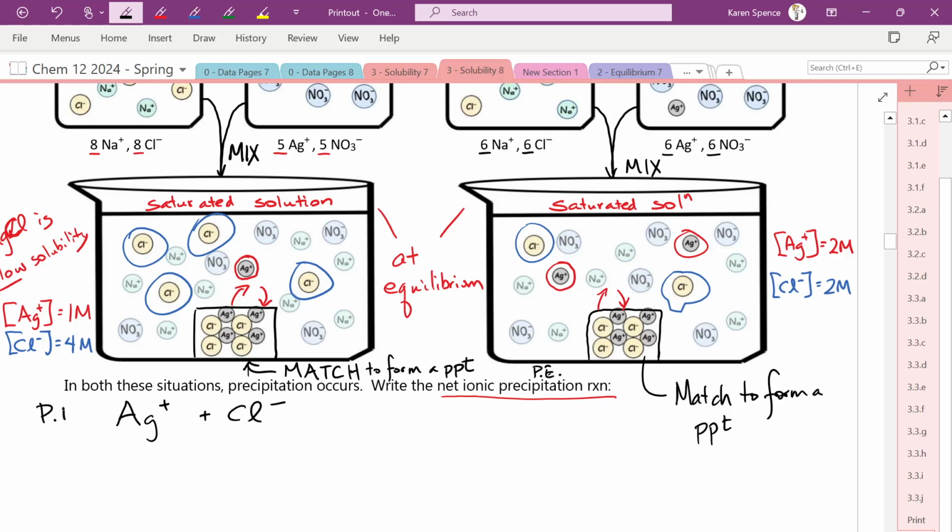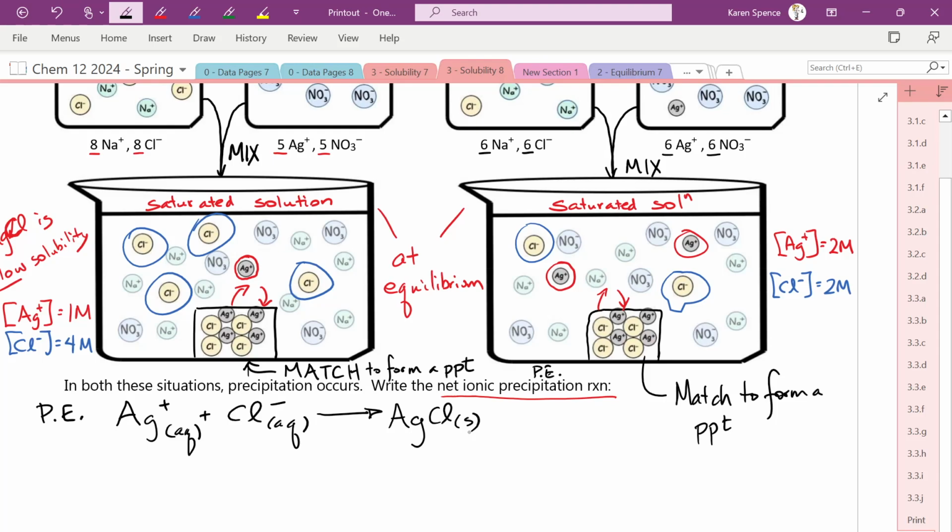This is our precipitation equation, and that is aqueous and aqueous. Now, do we use a one-way arrow or a two-way arrow for the precipitation? One-way arrow. And we get AgCl. And the reason is that when we're doing a precipitation, we don't really care that it's going to form an equilibrium later.